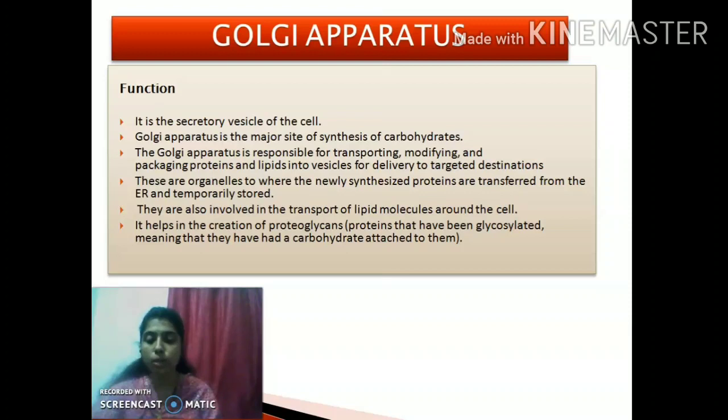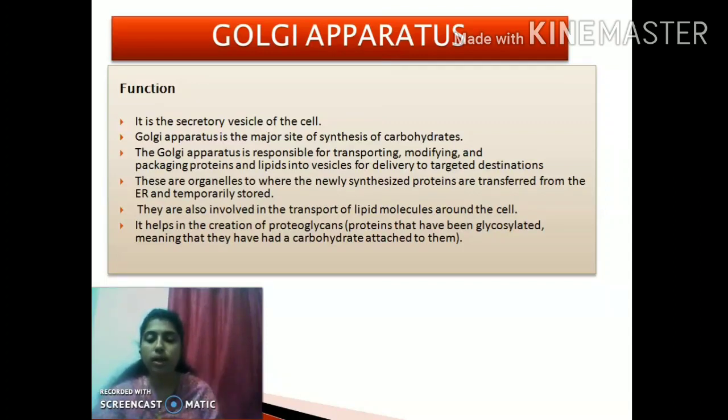And what does the Golgi do? It helps in the modification, packaging, sorting, and ultimately the transport of these proteins towards the outside of the cell by packing them inside the vesicles. Clear?